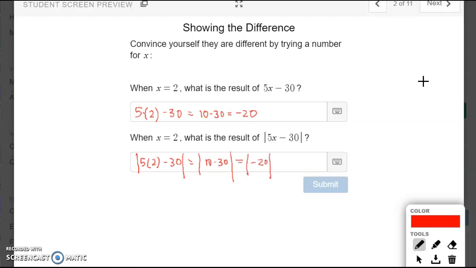And now that I just have one number inside the absolute value symbol, it's not an expression, it's just a number, then I can apply the absolute value function and give the positive version of whatever the number is. It's negative 20, so it's going to be positive 20. Notice that the answers are different. The first one is negative 20, the second one is positive 20. They are two different numbers, so indeed they are different.